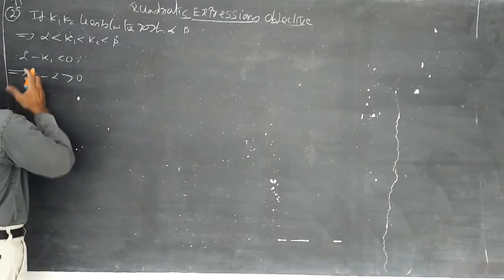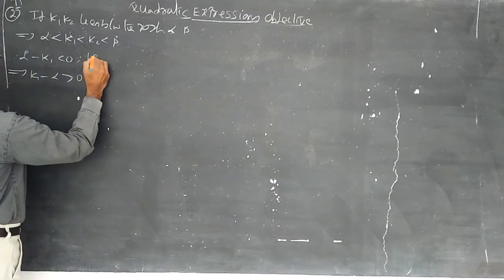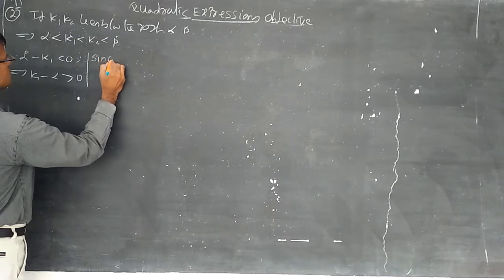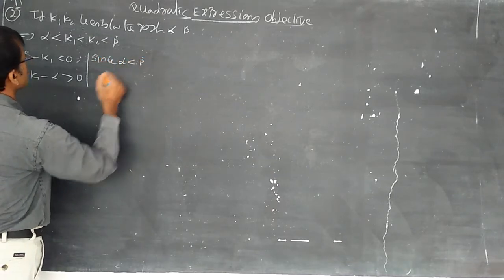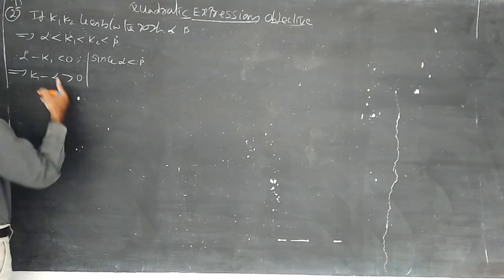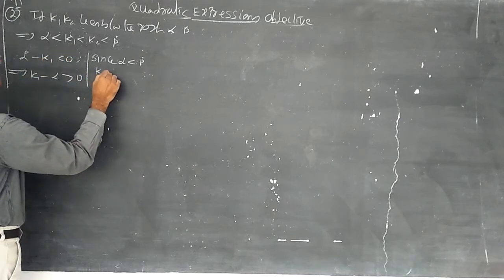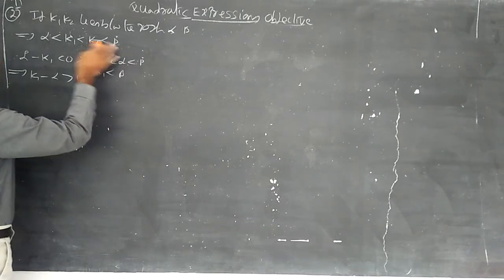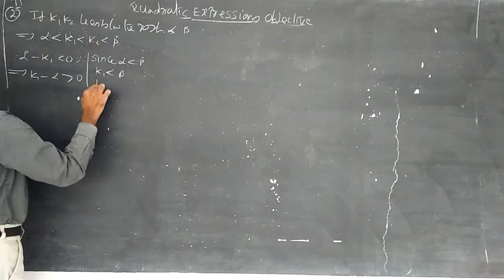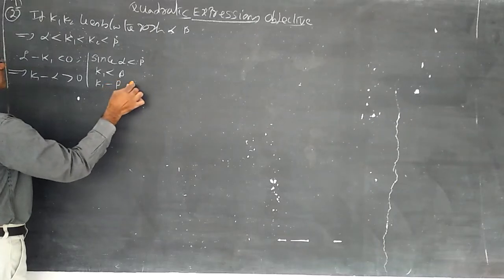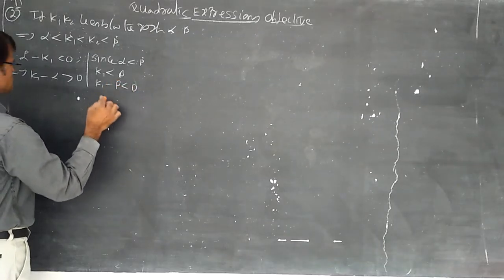Alpha minus k1 is fine, since alpha less than beta, and k1 less than beta, so k1 minus beta less than 0.